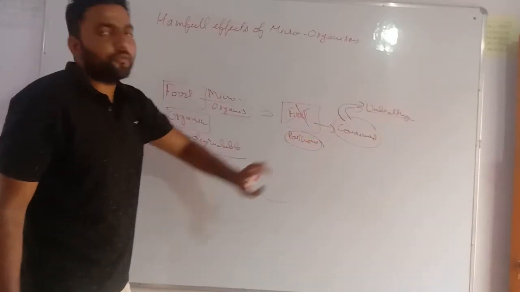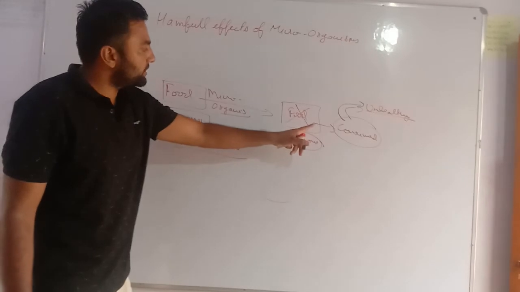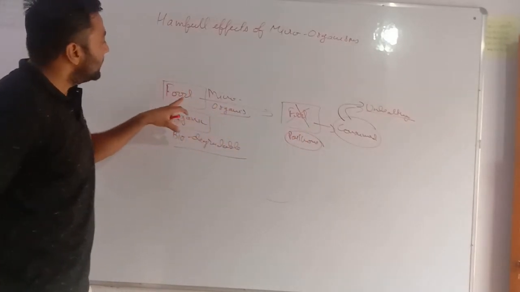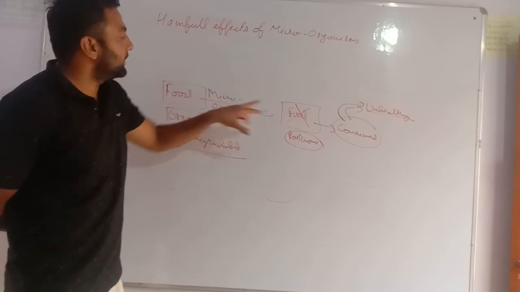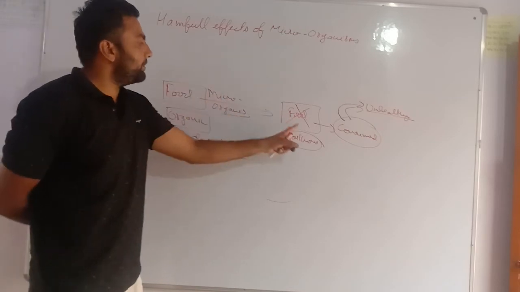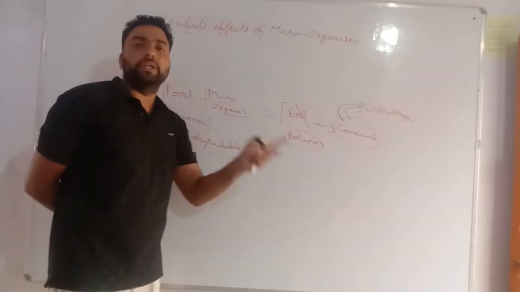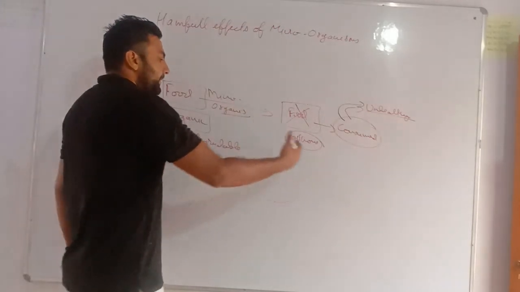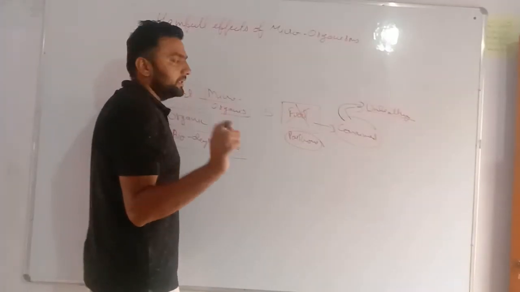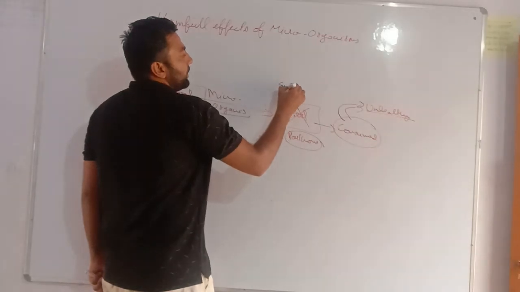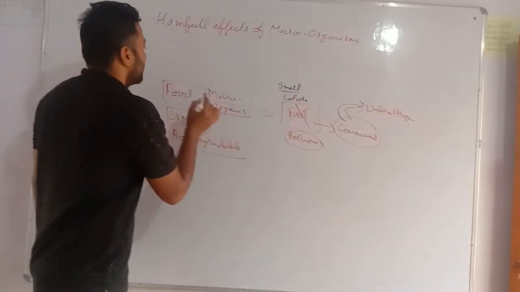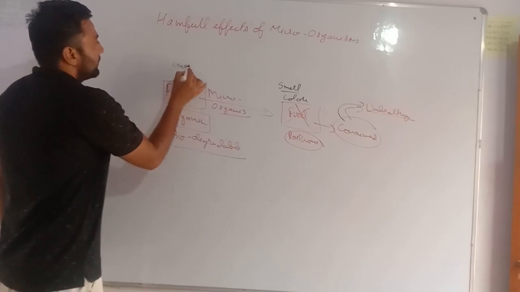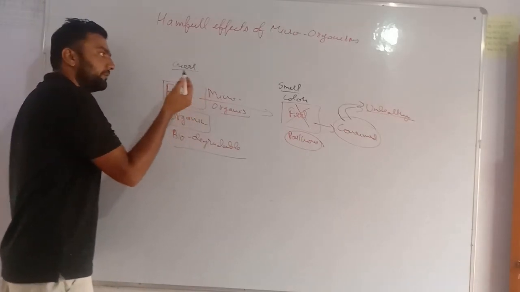What is the reason for food poisoning? The reason for food poisoning is microorganisms. They convert the food into another material. They decompose this food into such a material that it is not okay to eat. What is the simplest way to recognize that something has decomposed or not? It will smell, its color will change. When food is prepared, it has a good smell.